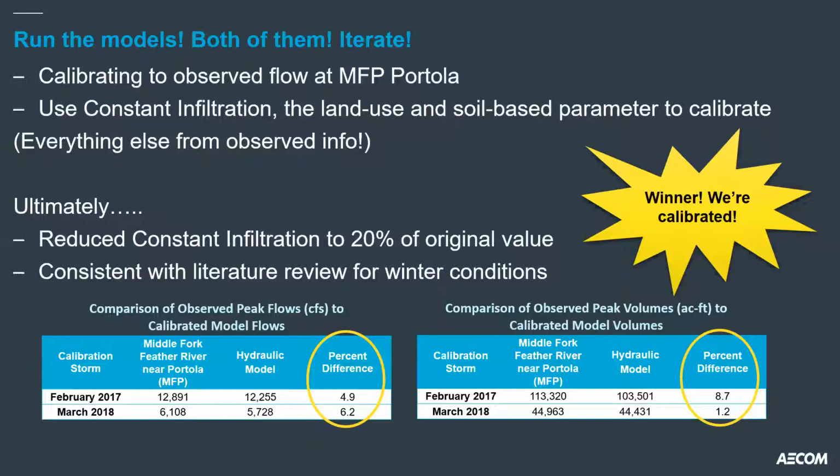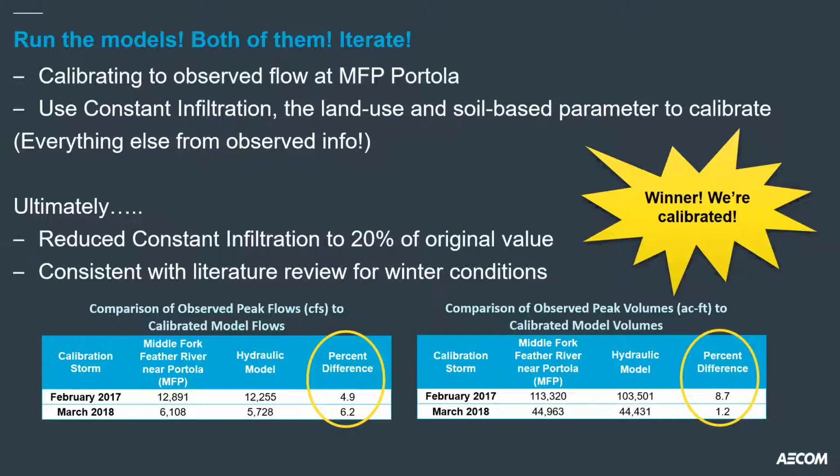The land use and soil-based parameter we estimated based on reference information, but it was engineering judgment and estimating based on standard practice. So that was the one we felt we could use to calibrate our models.